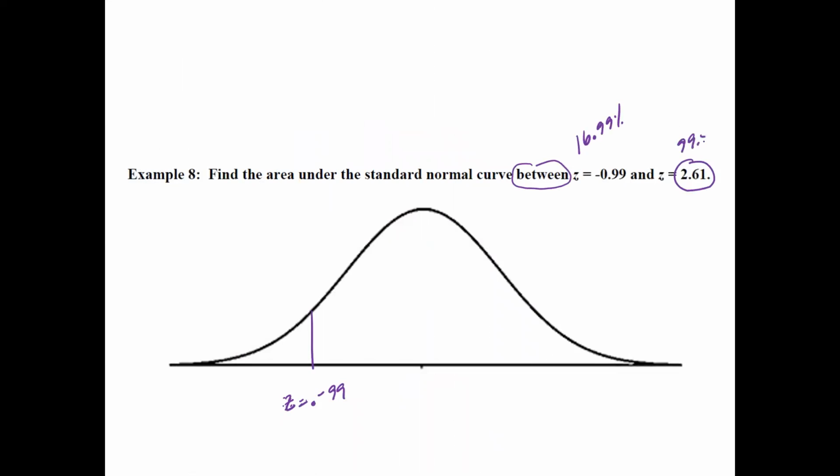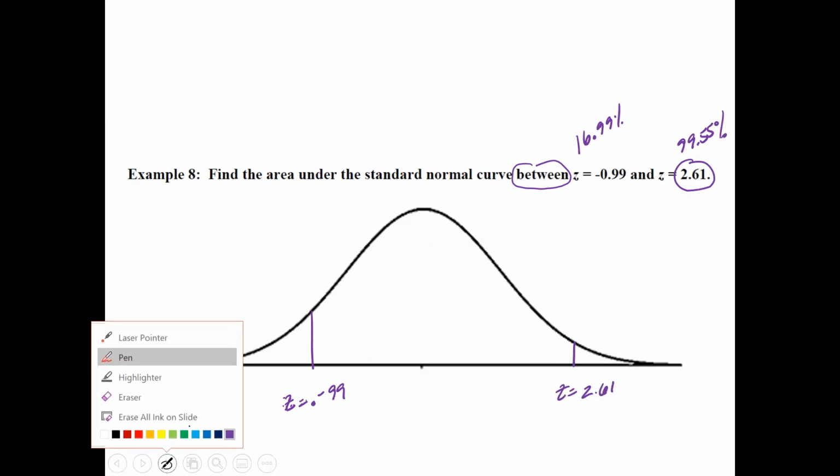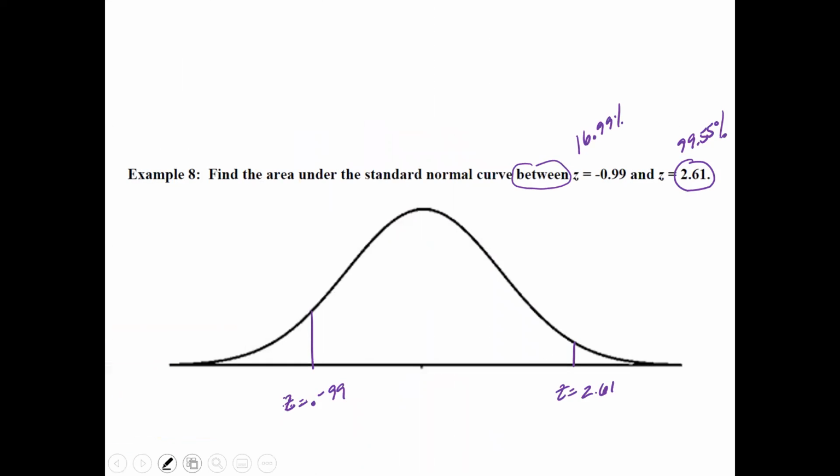So at 99.55%, this is your z-score, 2.61. You know that everything on the left side of this, which is this area right here, that area is 16.99%.